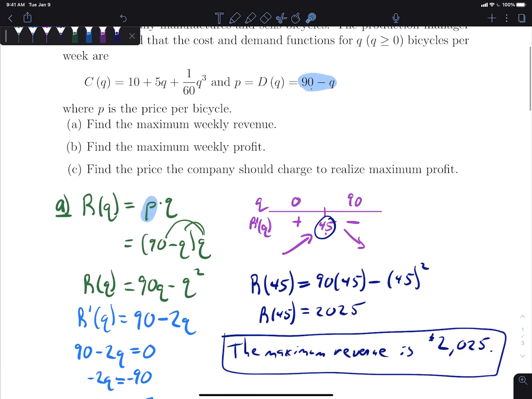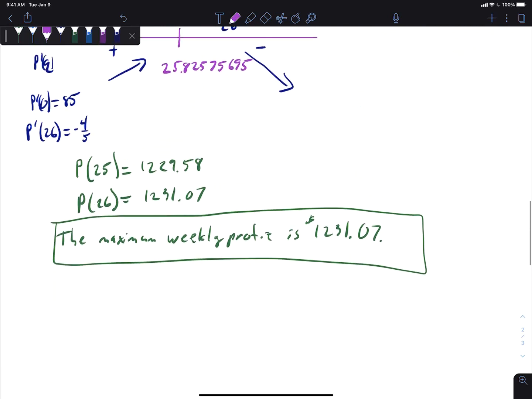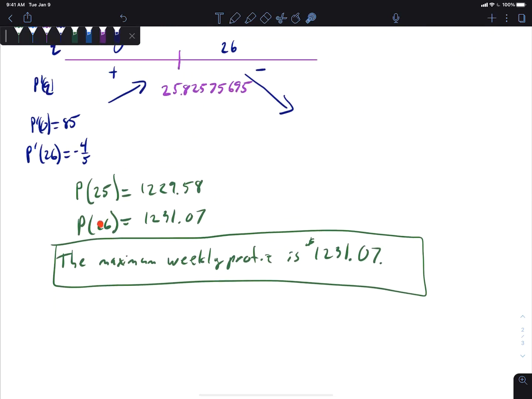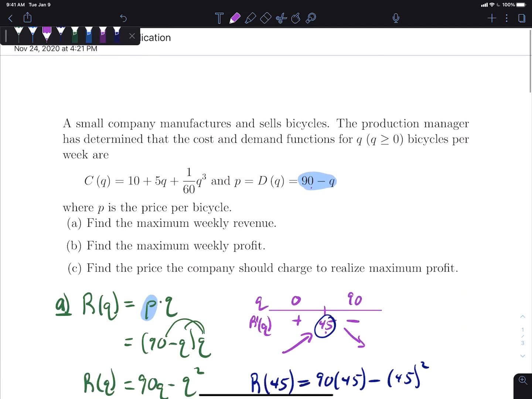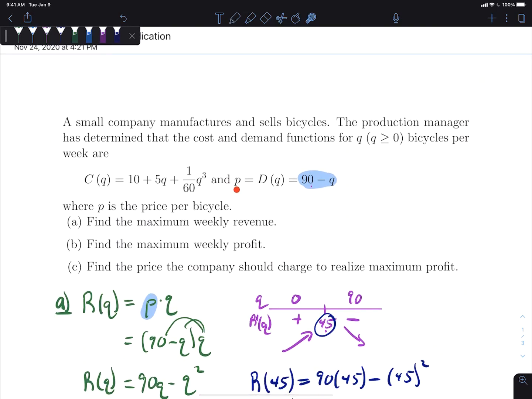Now for letter C. Find the price the company should charge to realize the maximum profit. Notice that what we want to say is, where does this occur? This occurs at Q equaling 26. So if Q equals 26, go up here and notice that we can figure out what P is by plugging 26 in here.